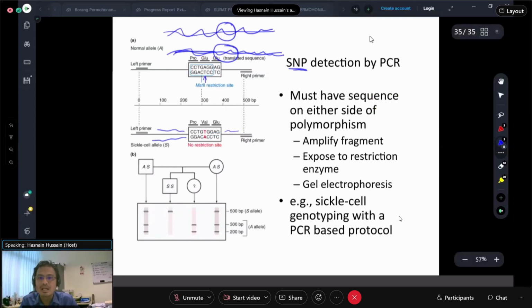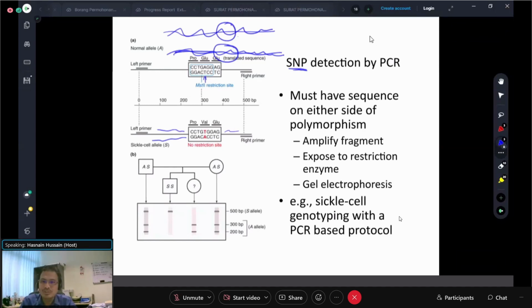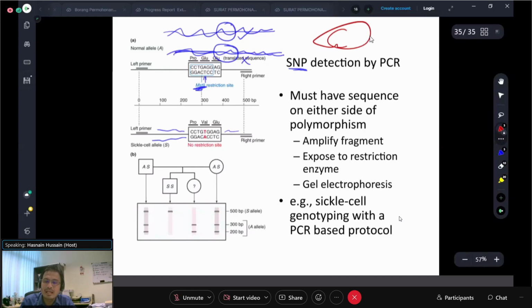So when that happens, this chromosome has the restriction site, this chromosome doesn't. If I use this MST2 enzyme to cut, when the enzyme comes in looking at the DNA strand, it can recognize this one, but it cannot recognize this one. So this enzyme cannot go over here, but can go over here.